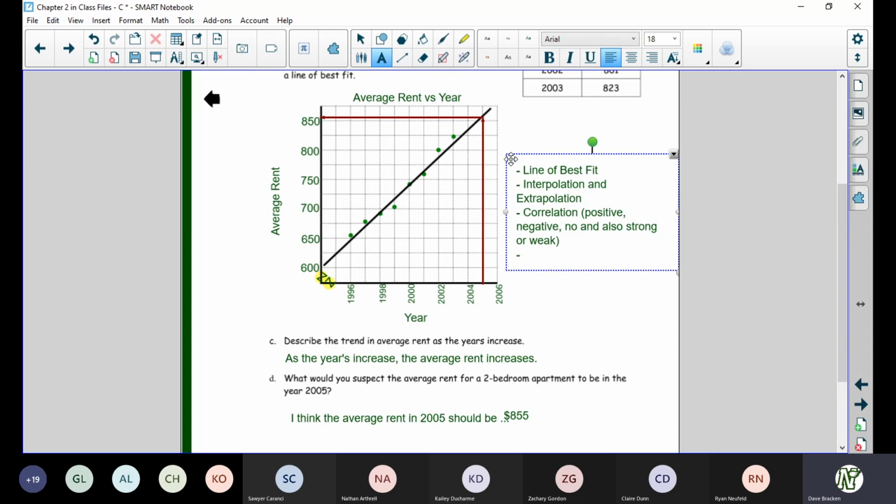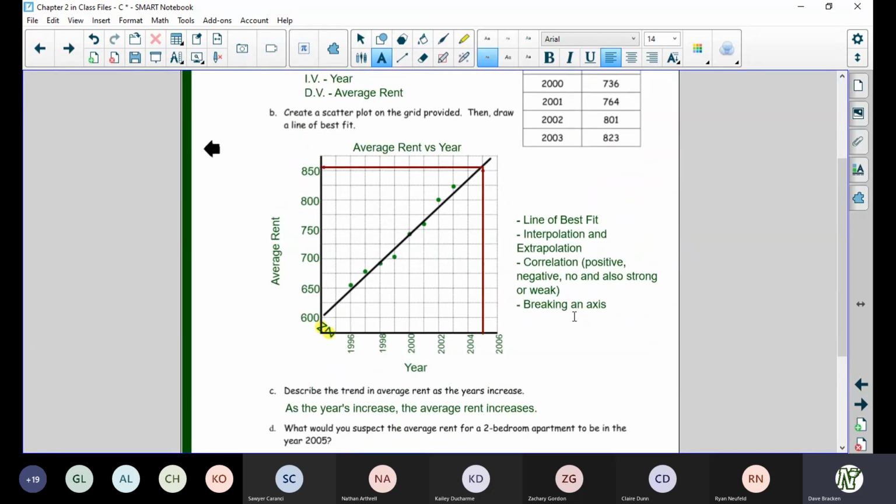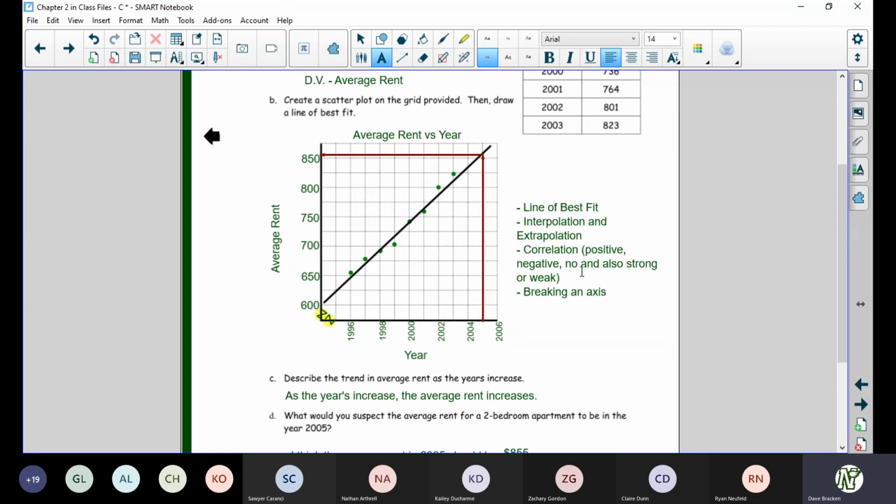And then the very last thing that I wanted to introduce you to was breaking an axis. Okay, so I think we've done all that: the line of best fit, interpolation, extrapolation, like estimating, correlation, and then breaking an axis. So put your hand down if you feel confident with those 4 things that I taught you today.